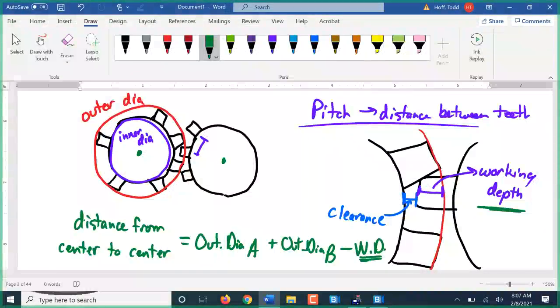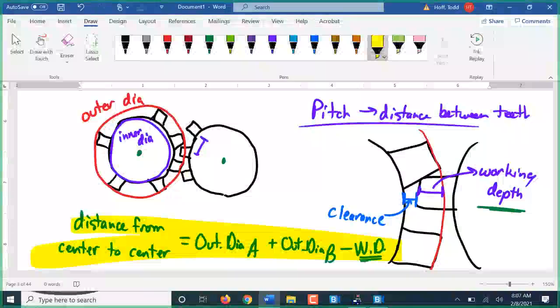Working depth is how far the two outer diameters overlap each other. This is not a formula given in your packet, and I don't know why, because to me that's a very important formula.